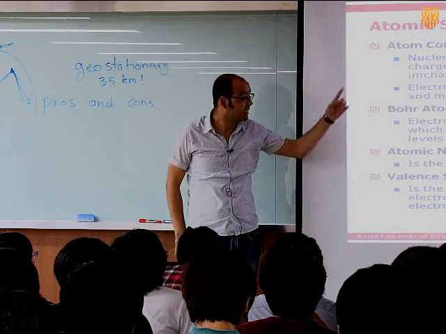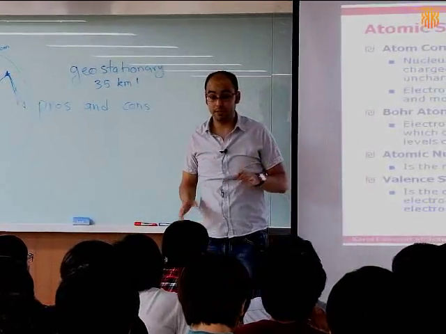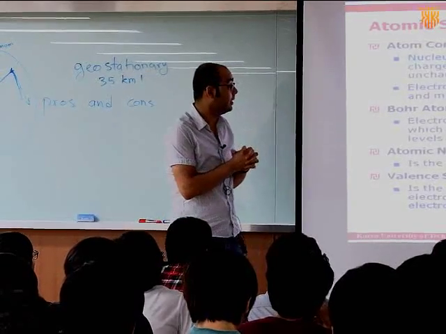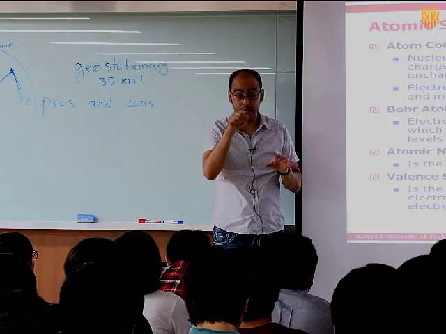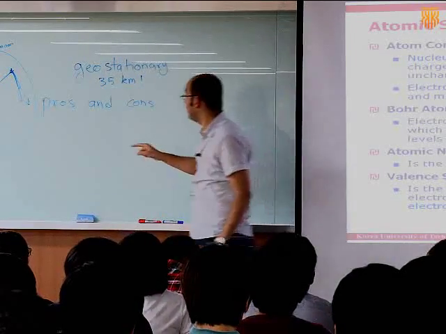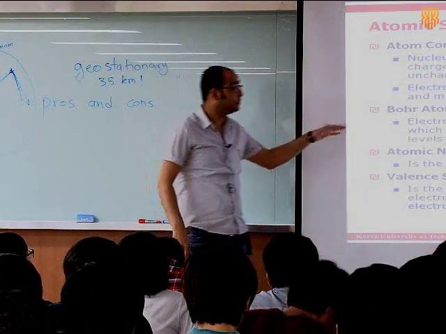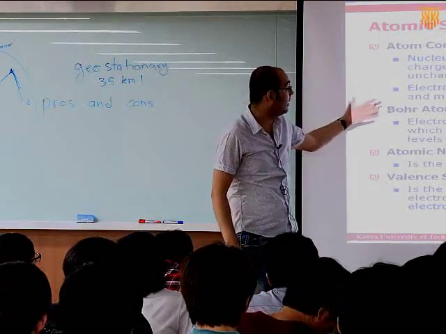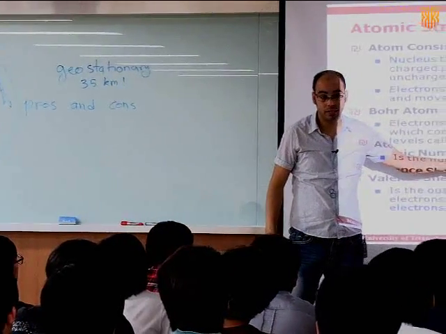So we have the electrons and that. There is a guy whose name is Bohr. He said that the electrons circle the atom in a fixed orbit, like this one. In this study, they call it a shell.